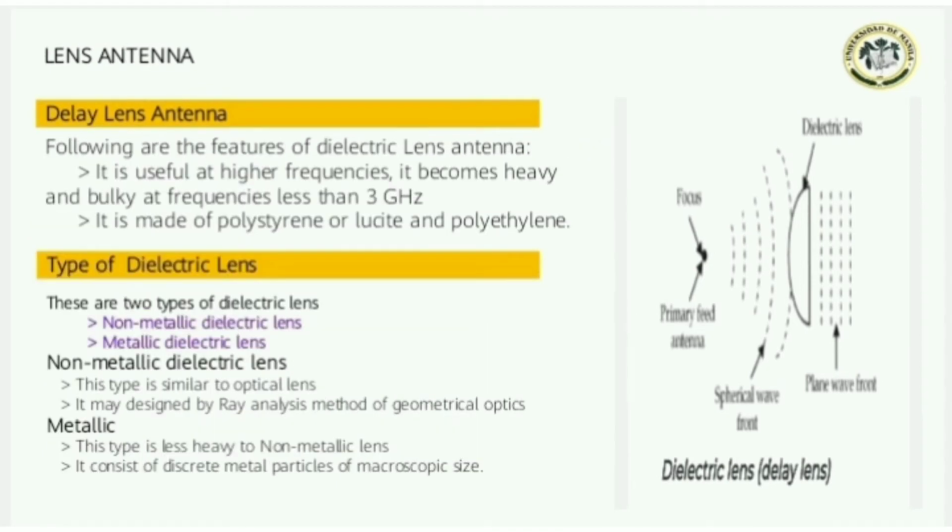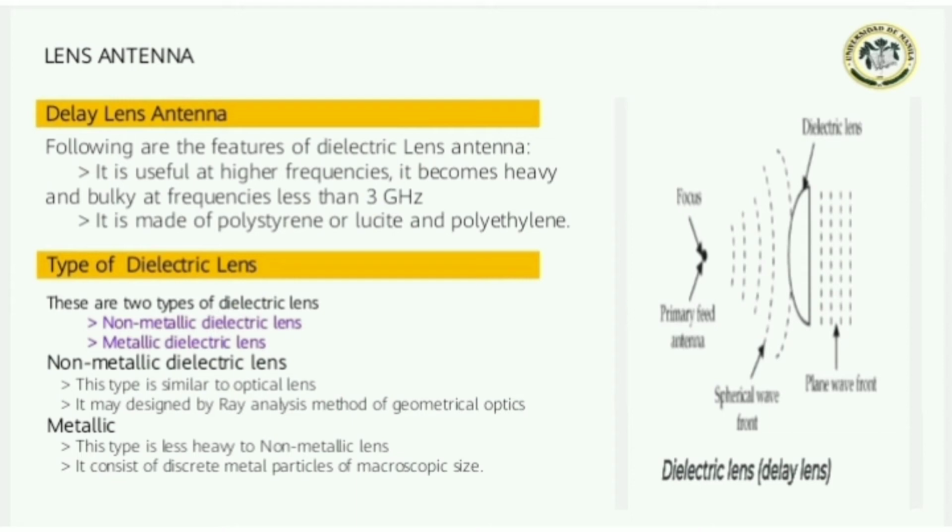Following are the features of the electric lens or delay lens antenna. First, it is useful at higher frequency. It becomes heavy and bulky at frequency less than 3 GHz. It is made of polystyrene or lucite and polyethylene. There are two types of dielectric lens: first, non-metallic dielectric lens and metallic dielectric lens.